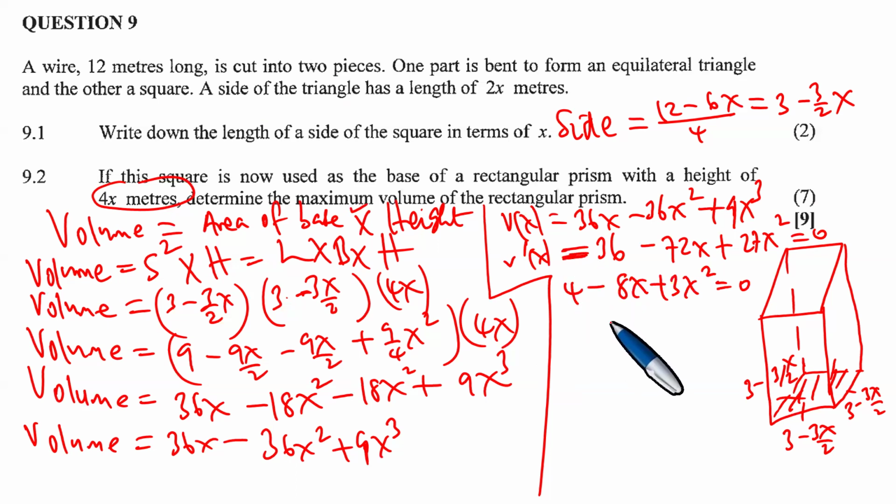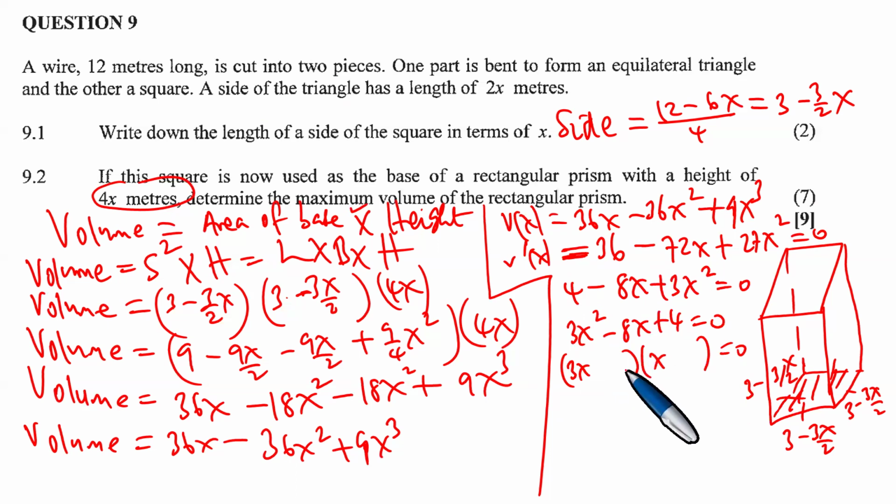So, okay, we have this. And then this is 3x squared minus 8x. So you have this. Okay, those are the factors.